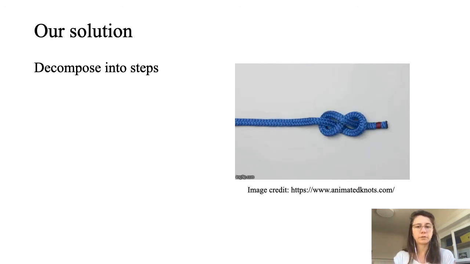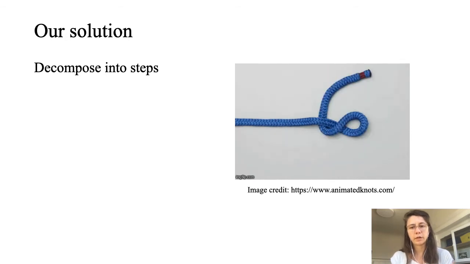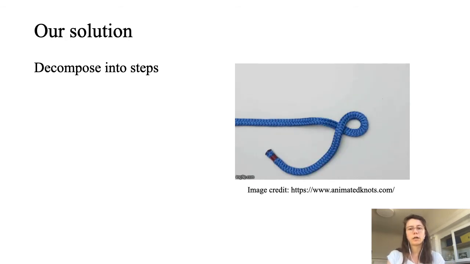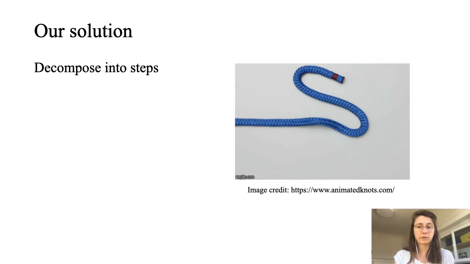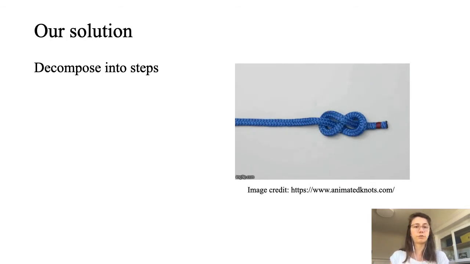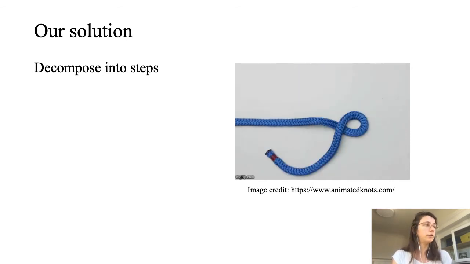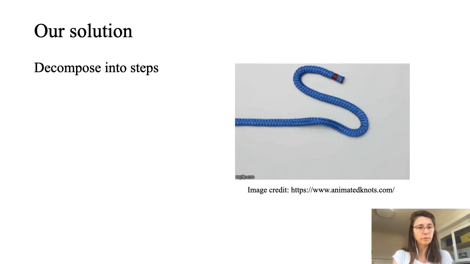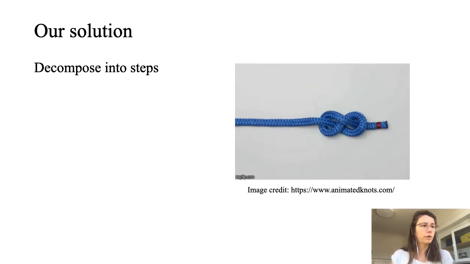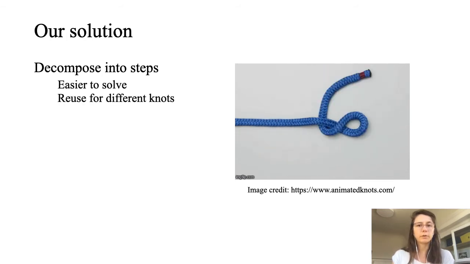This decomposition makes each step shorter and easier to solve, and moreover, motion policies for each step can be reused for different knots. In fact, when humans teach knot tying skills, such as the instruction given on the right, we use very similar decompositions. Again, decomposing makes it easier to solve, and it's reusable.